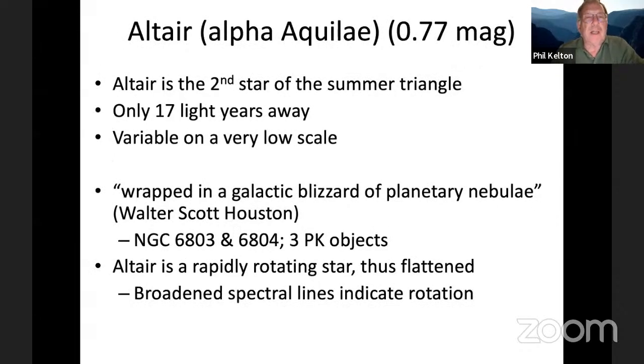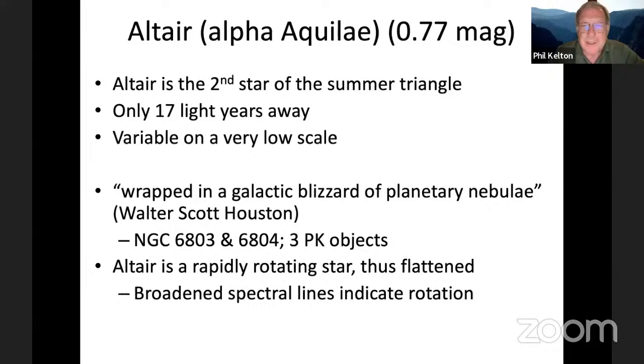Okay, Altair is the second star in the summer triangle, Alpha Aquilae, a little bit fainter, and it's only 17 light years away. And like a lot of stars, it's variable on a very low scale, even though to the naked eye, it will, of course, appear fairly constant.